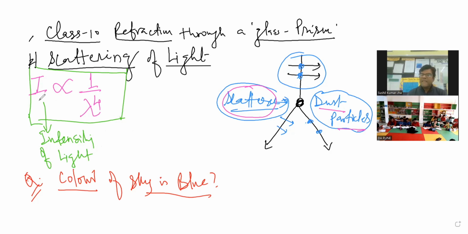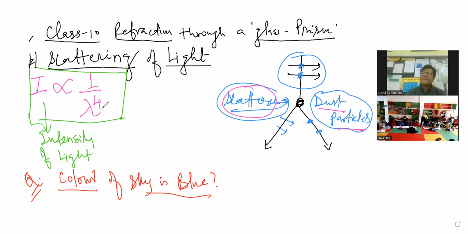Red has the maximum wavelength, so scattering in red color is least, and so red color is used in traffic signals to stop vehicles, because the red signal can be seen from a longer distance.